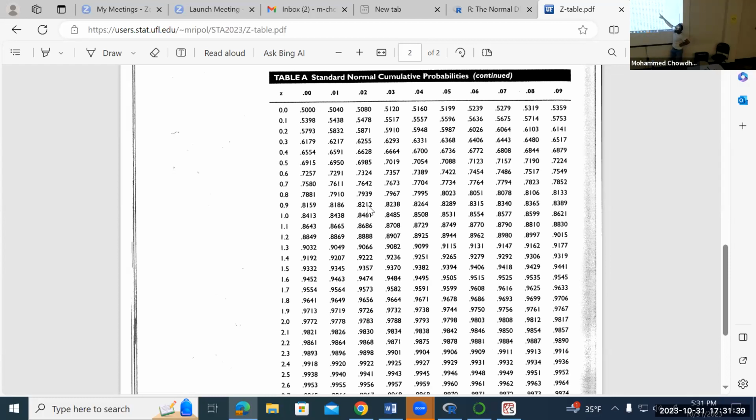Corresponding to that, our value is 1.28.